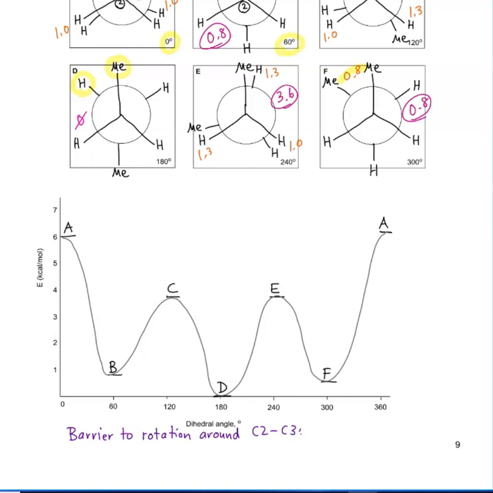So remember that the barrier to rotation is the highest energy conformation, whatever its energy is, which in this case is 6 kilocalories per mole, minus the lowest energy conformation, which in this case is D, which has a strain energy of 0. So 6 minus 0, so the barrier to rotation is 6 kcals per mole around the C2-C3 bond in butane.